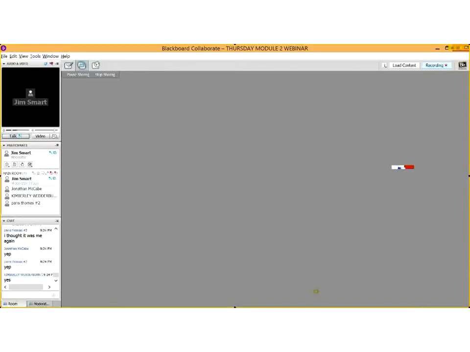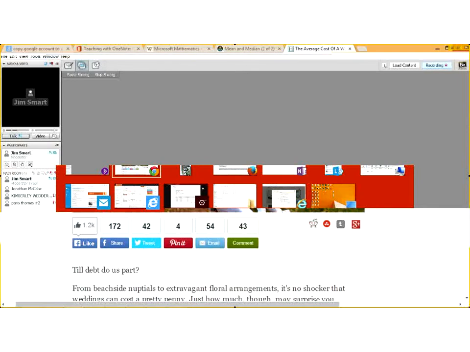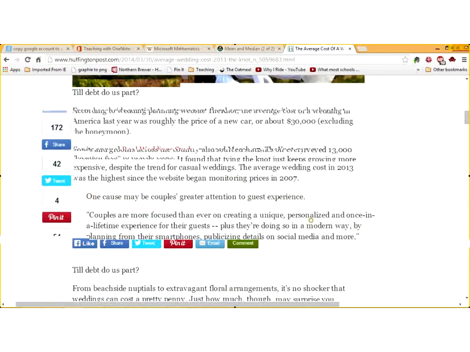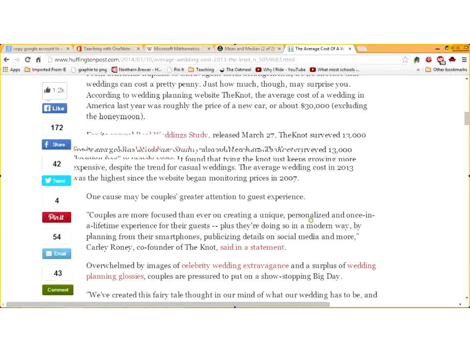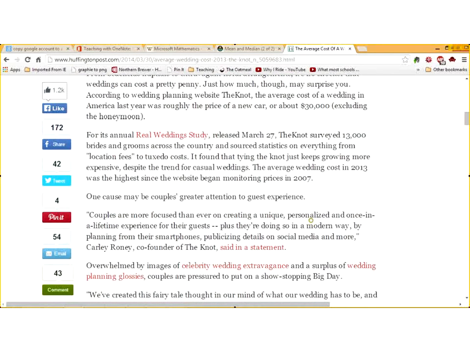the wedding. So what I was going to say was we were looking at this wedding survey, and it's a wedding study by the Knot, which is a wedding planning website. And I know for a fact that the median would be quite a bit lower than this number.